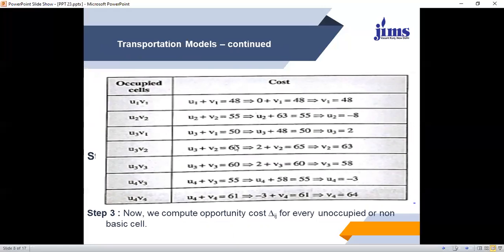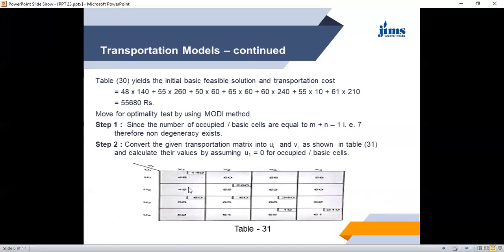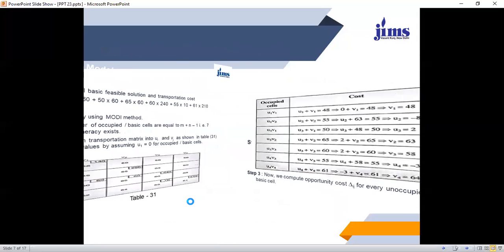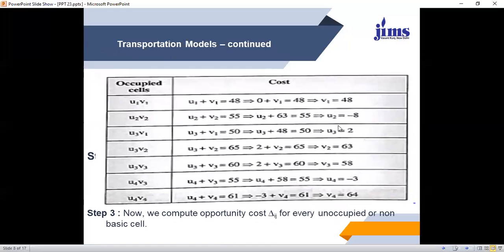U3 plus V1 is equal to 50 actually. So V1 is equal to 48, so U3 plus 48 is equal to 50. So U3 is equal to 2.